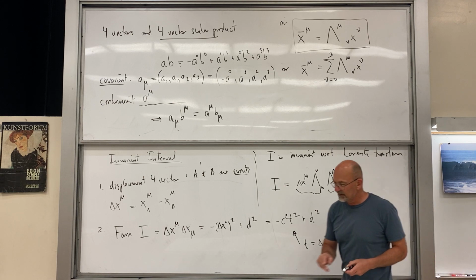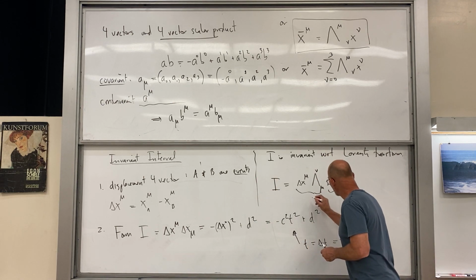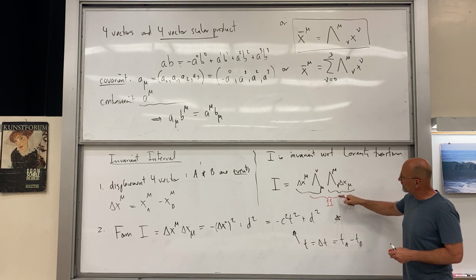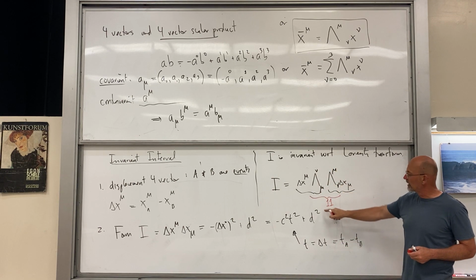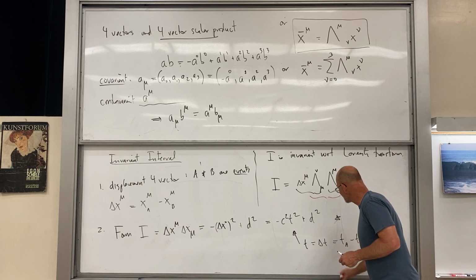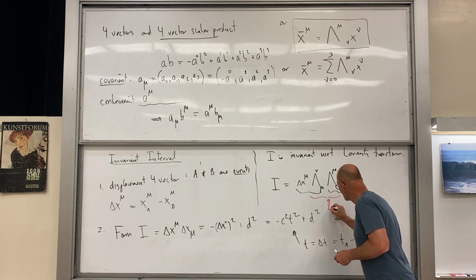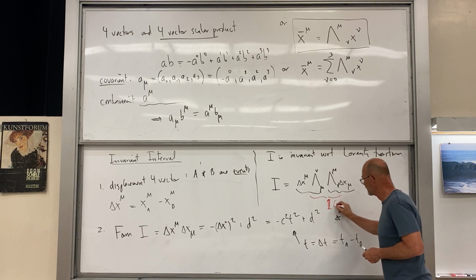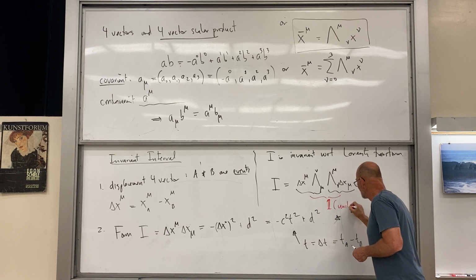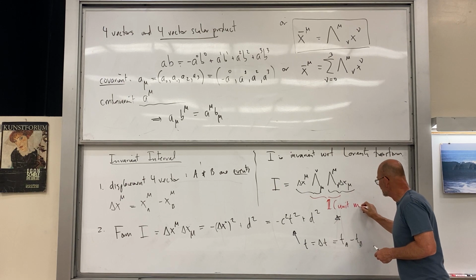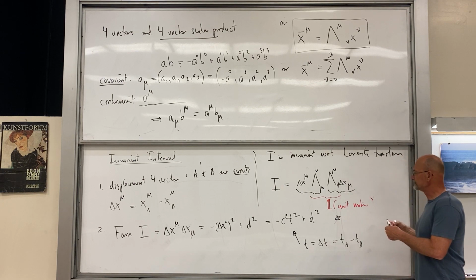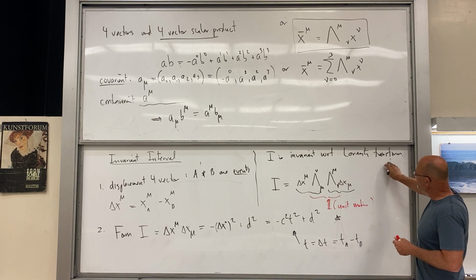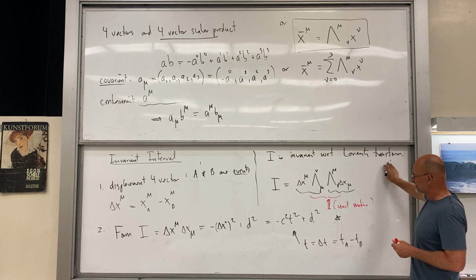But, and this is the key here, this inverse multiplies out to a unit matrix. That's not an 11, that's a unit matrix. Good, so you have that invariance with respect to the Lorentz transformation.